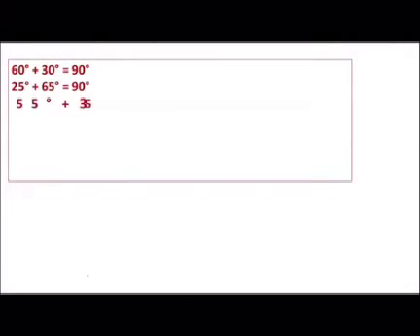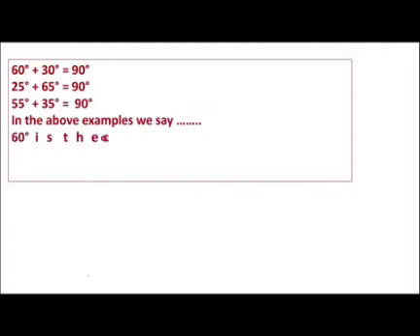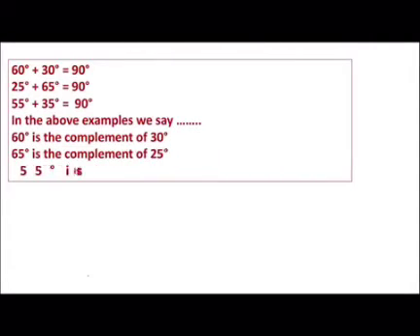Here we have these angles where I have summed them up and seen that the total is 90 degrees. In this case, 60 degrees plus 30 degrees is 90, 25 degrees plus 65 degrees is 90, and so on.